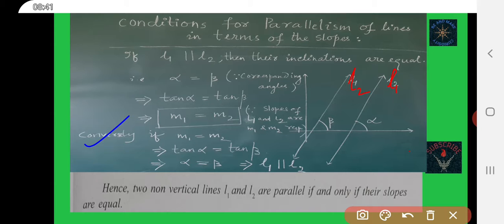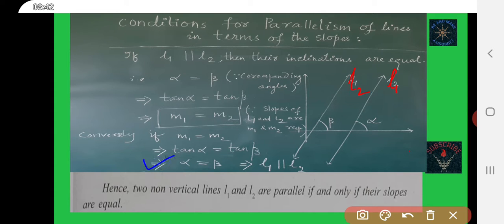Conversely, we can also prove that if slopes of two lines are equal, then they are parallel. So here you see, if M1 is equal to M2, then we can write M1 is tan alpha, M2 is tan beta, the slopes of the lines L1 and L2.